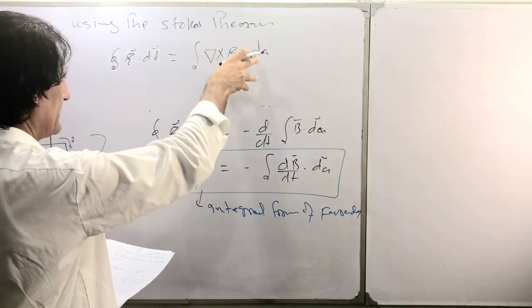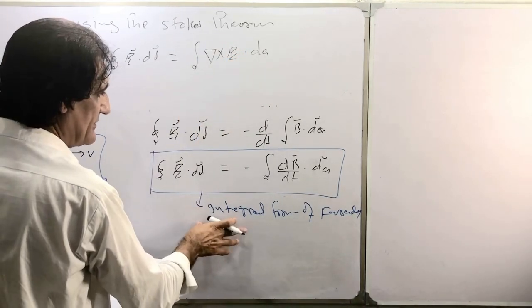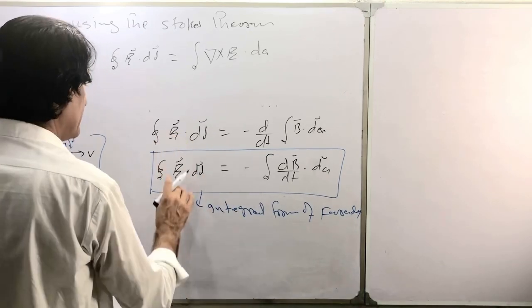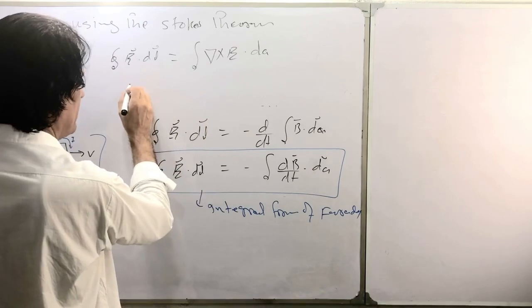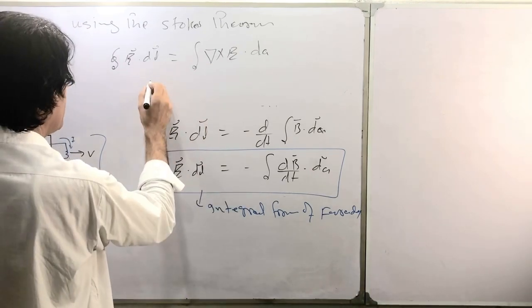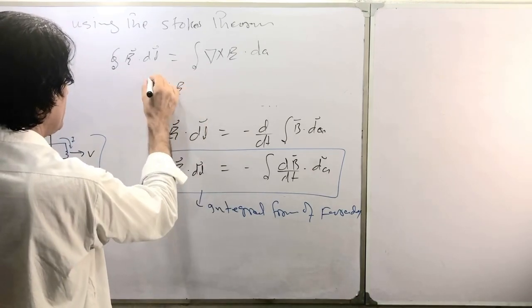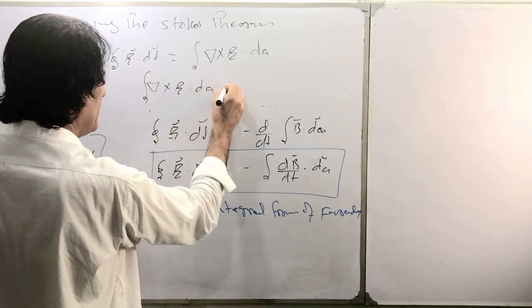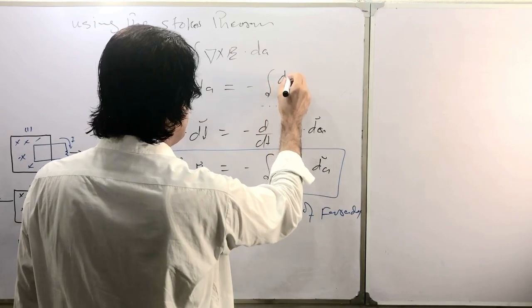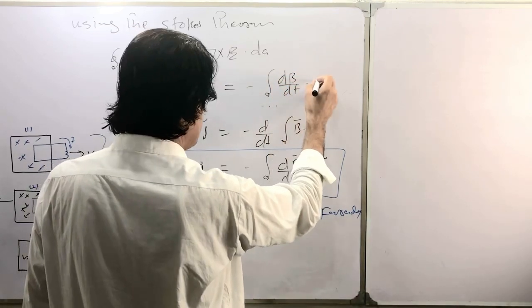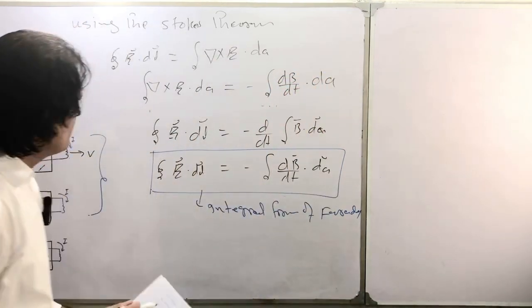Using this in the equation, we get ∫(∇×E)·dA equals minus ∫(∂B/∂t)·dA.